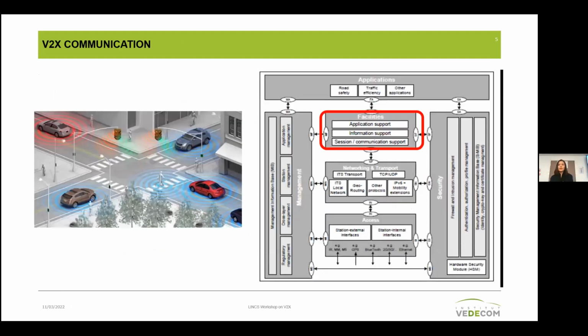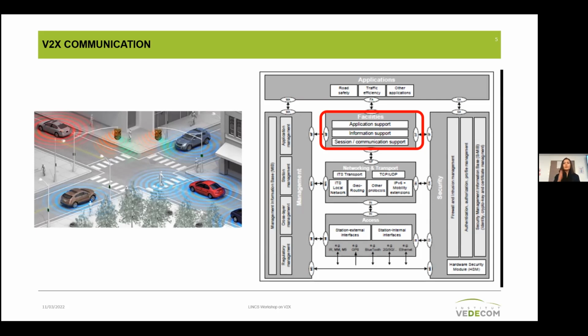V2X communication: Thierry gave a good presentation on standardization activities. Basically, for V2X communication, whether it's a vehicle or infrastructure or other central entities, they need to have this C-ITS protocol stack.